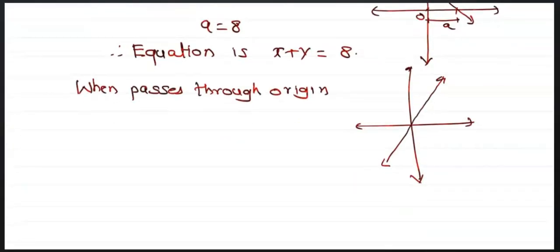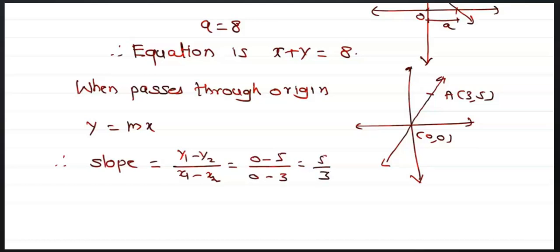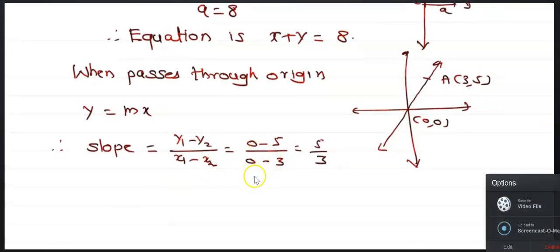When the line passes through the origin, y is equal to mx. A is (3, 5). Slope is y1 minus y2 upon x1 minus x2, 0 minus 5 upon 0 minus 3, which is 5 upon 3.